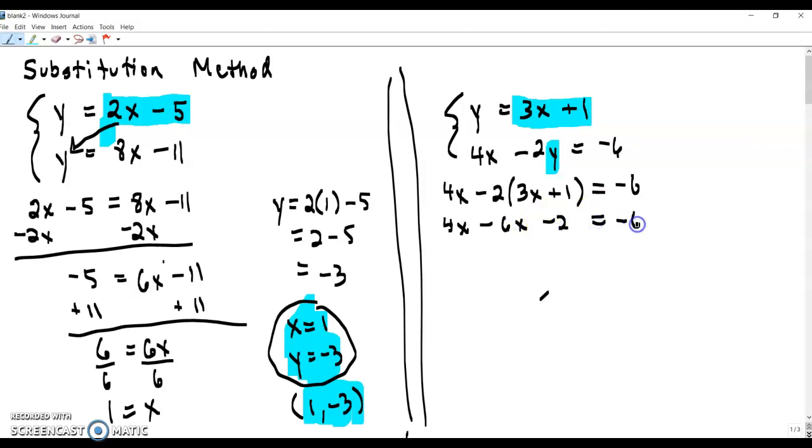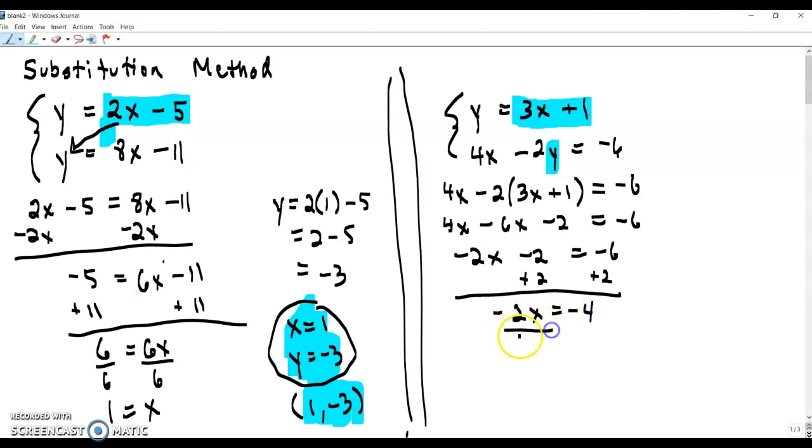So I'll distribute, combine like terms, and solve. So now I've solved, I've got one value for x.